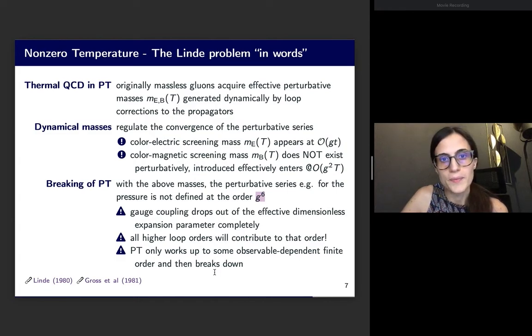And long story short, because this is a rather intricate issue and we don't enter into the details, if you want, you can look at the original papers. The perturbative theory only works up to some observable dependent finite order, and then breaks down. I apologize for this small t, which should have been a capital T.